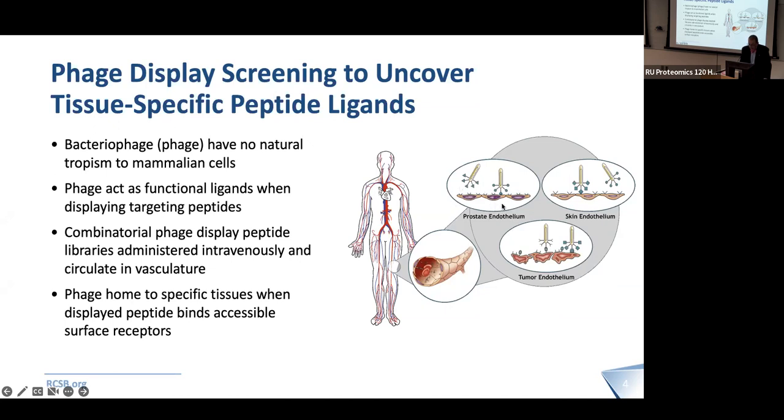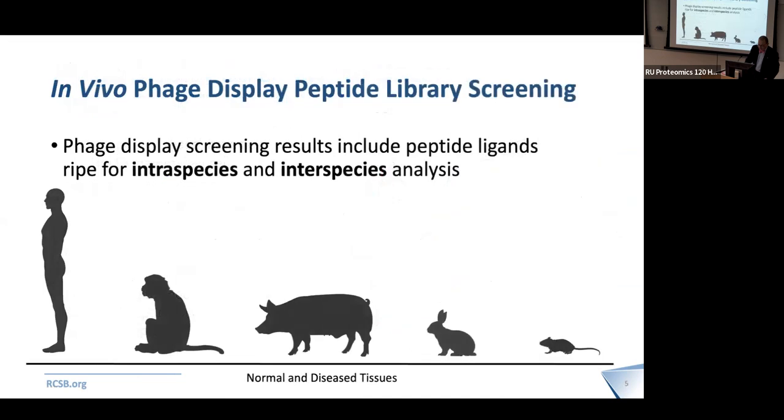But you can recover tissues to which specific phage are bound, and you can then isolate the phage on a tissue-specific basis, and then sequence the phage DNA and understand which peptides were bound to the inner wall of the vascular tree on an organ by organ system basis, and then understand the tissue specificity of binding of these different peptides.